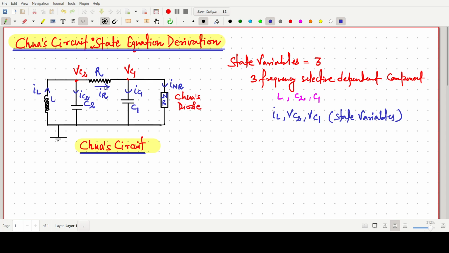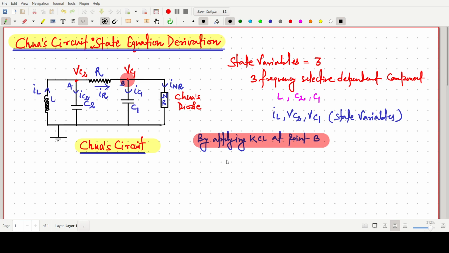First, say this point is point A and this point is point B. By applying Kirchhoff's current law at point B, the total incoming current equals the total outgoing current.